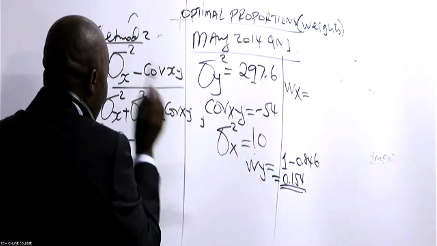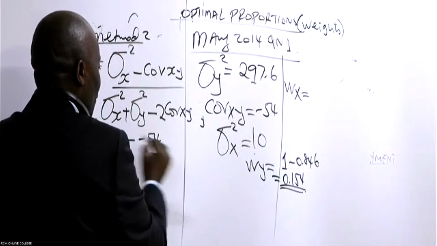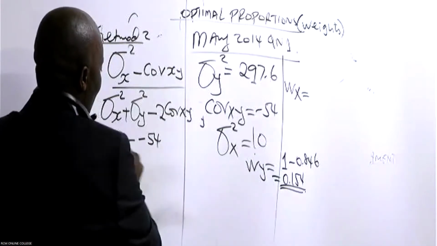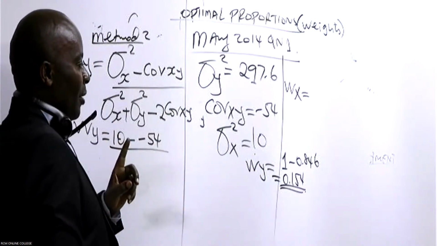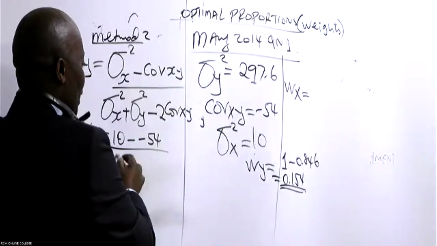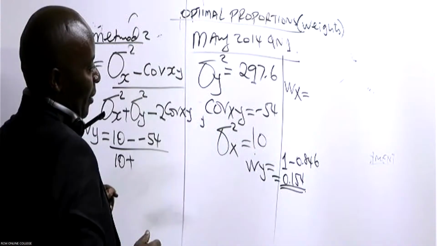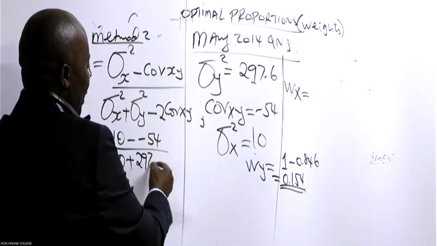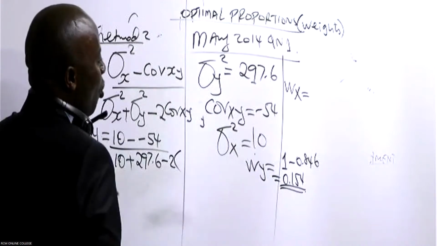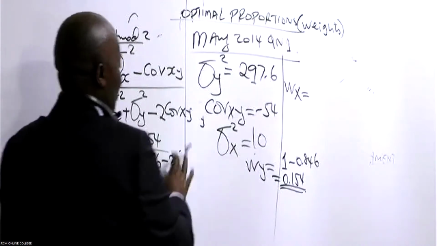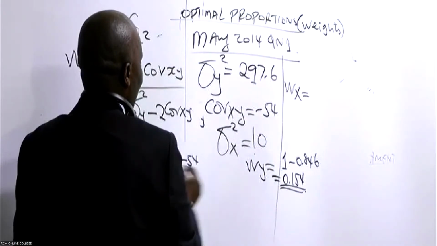Minus covariance of xy, and that covariance happens to be negative 54, all over variance of x, which is 10, plus variance of y, which is 297.6, minus twice covariance, I can even say times here instead of brackets, so times negative 54.